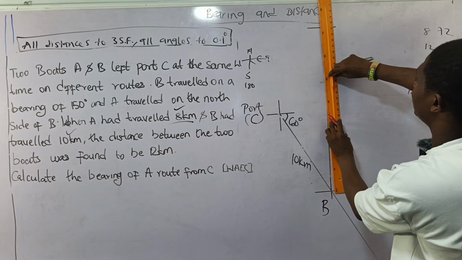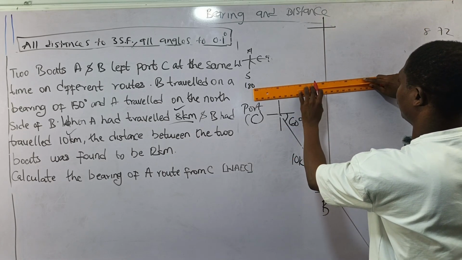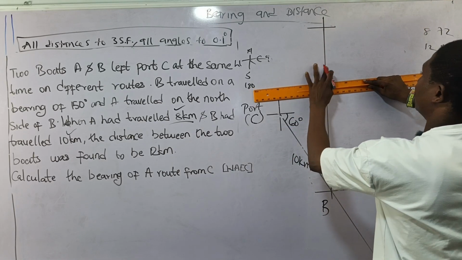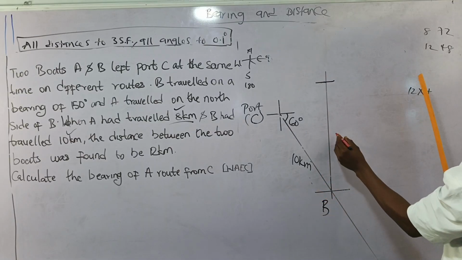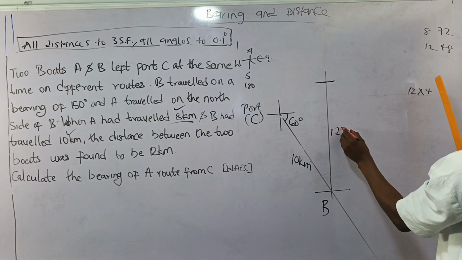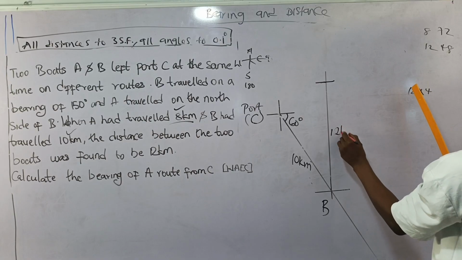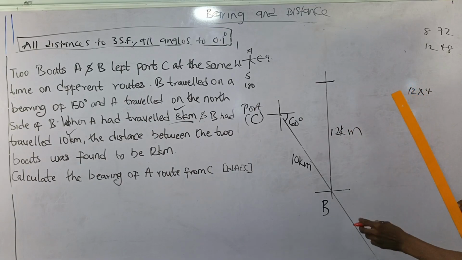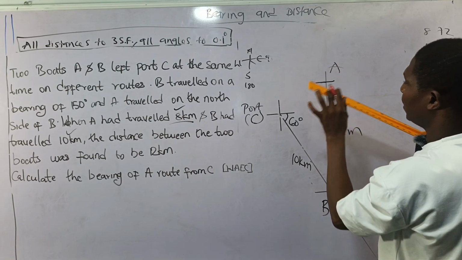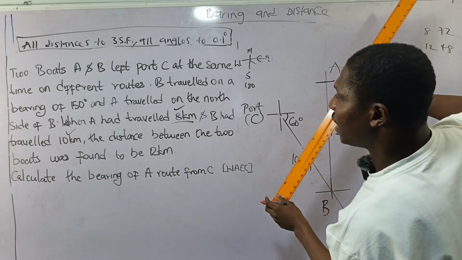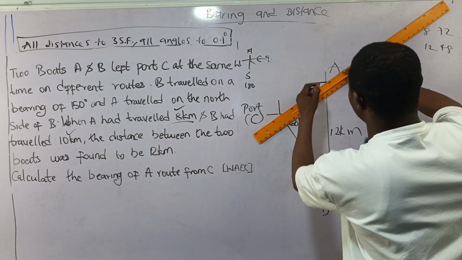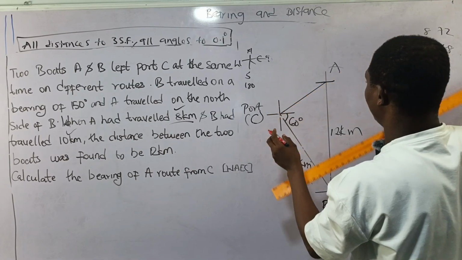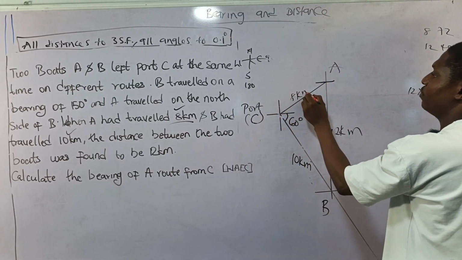So this is my 48, which is my 12 kilometers. And this is my A. They said A had traveled 8 kilometers, so this is my 8 kilometers.